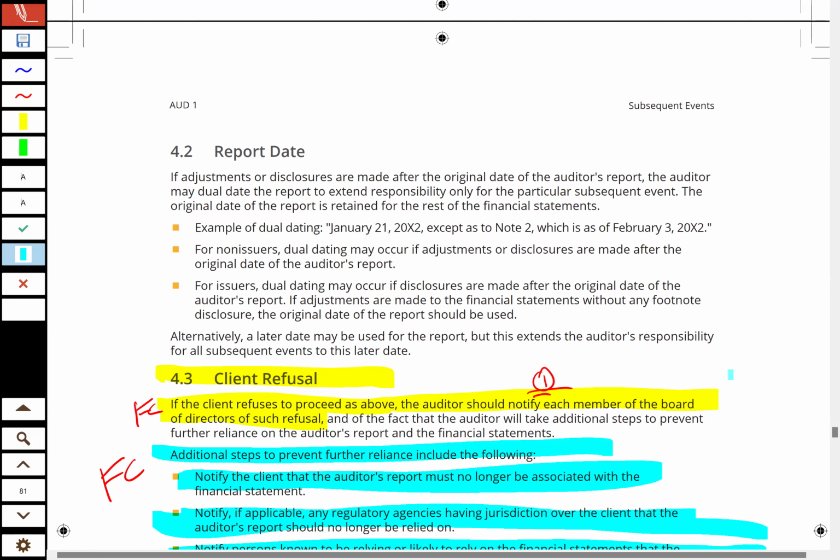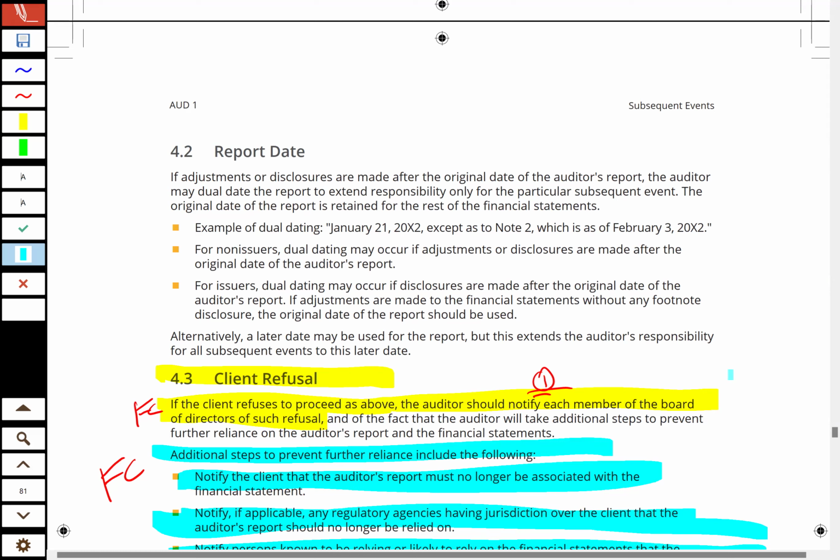So they disclose in the financial statements that the plant blew up, and they want us to erase January 21st as the date of our report and instead date it February 3rd.